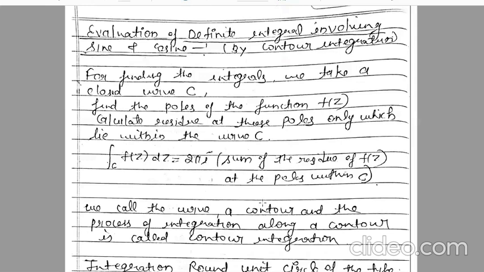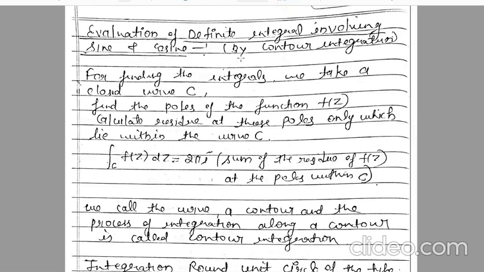So we have to convert our sine and cosine form into z form because we studied Cauchy residue theorem in z form, right? So just look at the evaluation of definite integral, right? So let's start now.